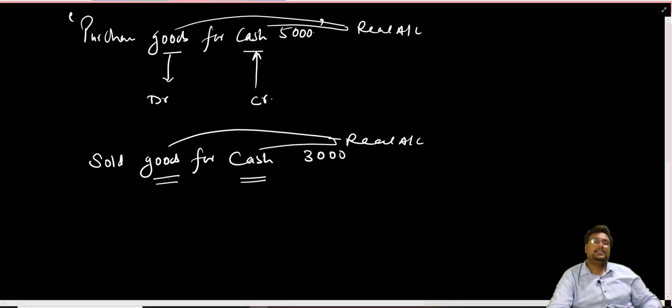So sold goods for cash 3,000, real account. So goods will be going out. And what thing is coming in the business? Cash. Because when we sell any goods, the customer will take the goods and give the cash to us. Now you tell me, will goods be debit or credit? Tell me and give the answer.